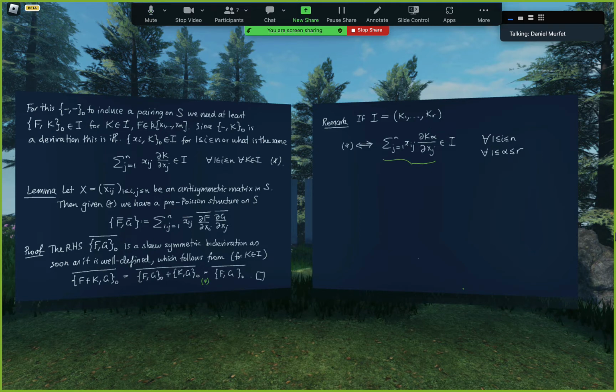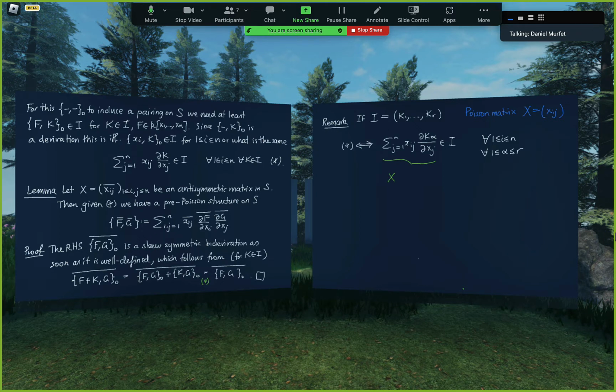And what does this condition say? Well, it says precisely that if you look at that Poisson matrix, right? So remember that the term Poisson matrix refers to this antisymmetric matrix of xij's, the structure matrix for the Poisson structure.